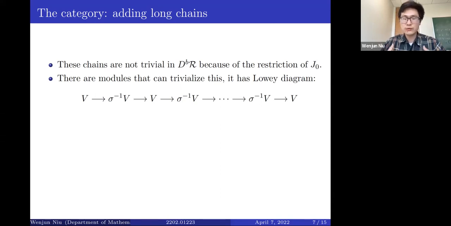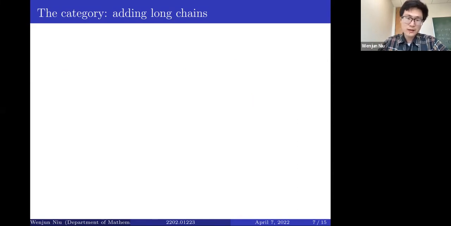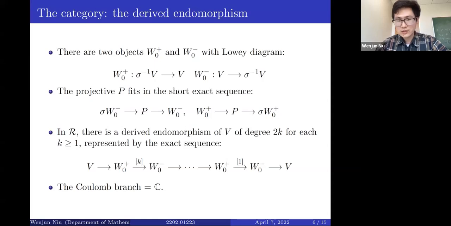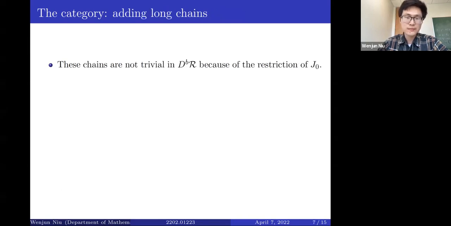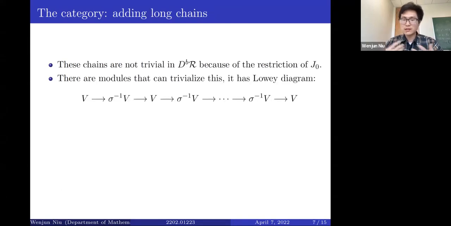And if you add this object to the category, then you can show that this map now becomes a coboundary. So it's zero, it's trivial in the derived hom. So the idea is that we should add them. And these objects are those that are taken away by this requirement of J0.